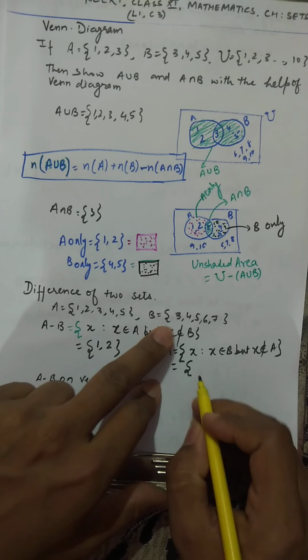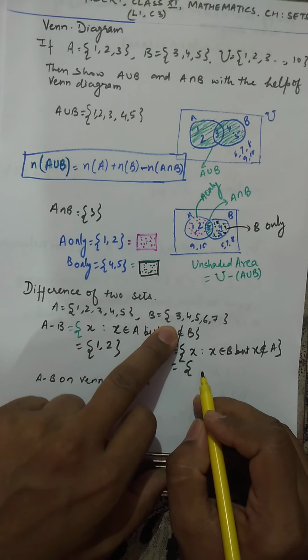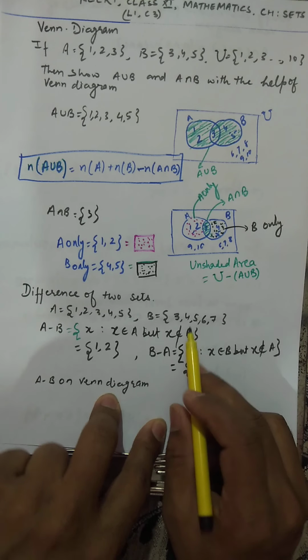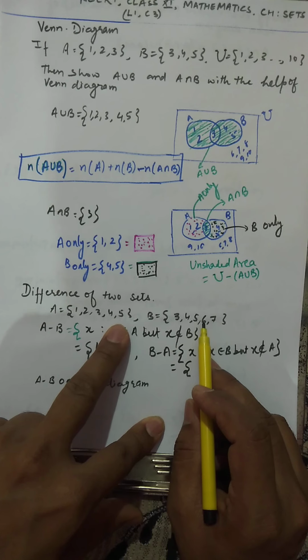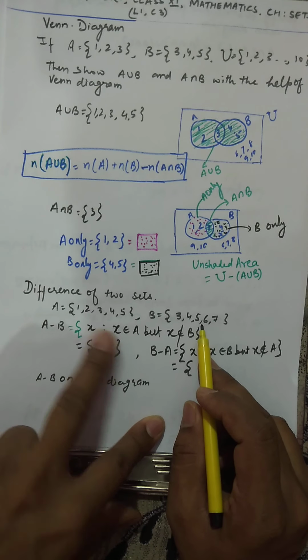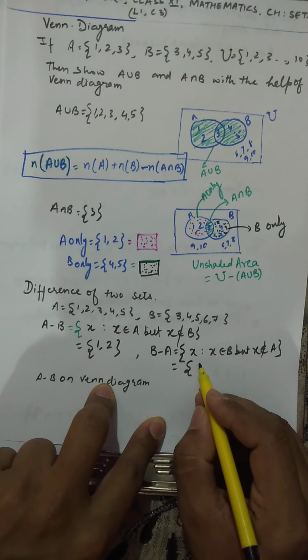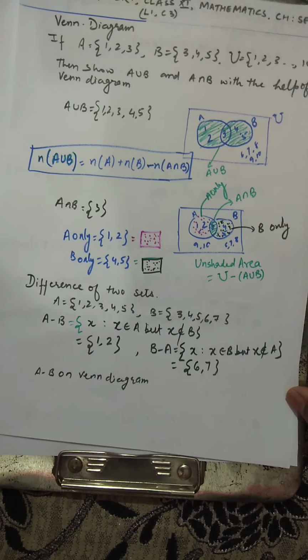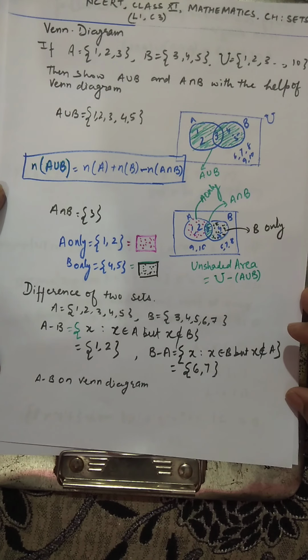You see that 3 is in B but it is also in A, so I cannot write 3. 4 I cannot write. 5 I cannot write because they belong to B but they also belong to A. So here the elements will be 6, 7. So you understand that basic one, the difference of two sets.